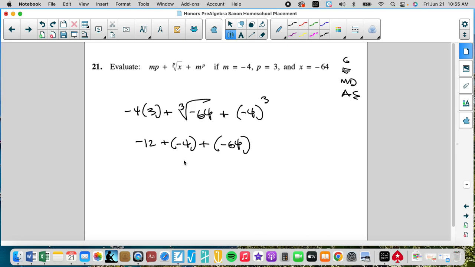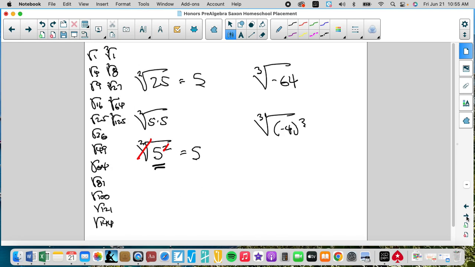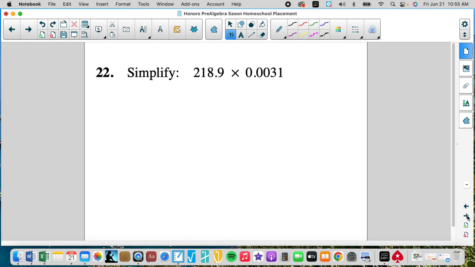So negative 12 plus negative 4 is negative 16, plus negative 64 gives me negative 80. That's a long-winded one, but important. These are things we're filling in gaps. We're making sure you are competent in all things, things that you covered last year in 7th grade and things that maybe you didn't cover in 7th grade.